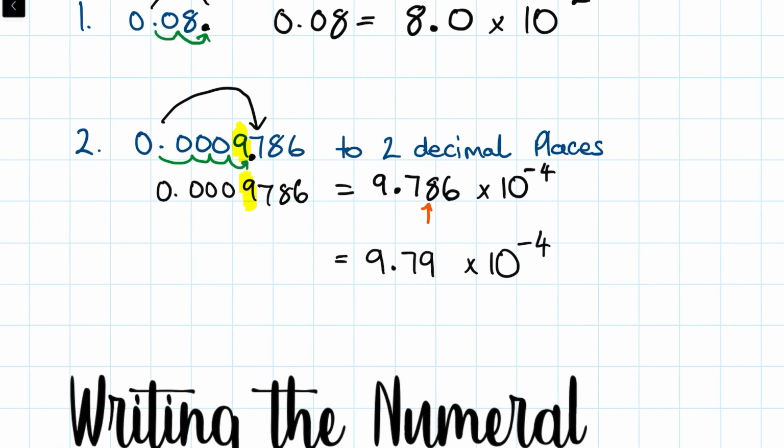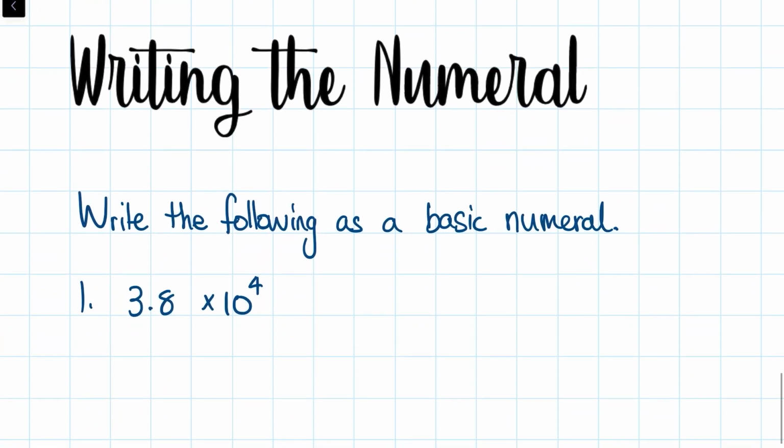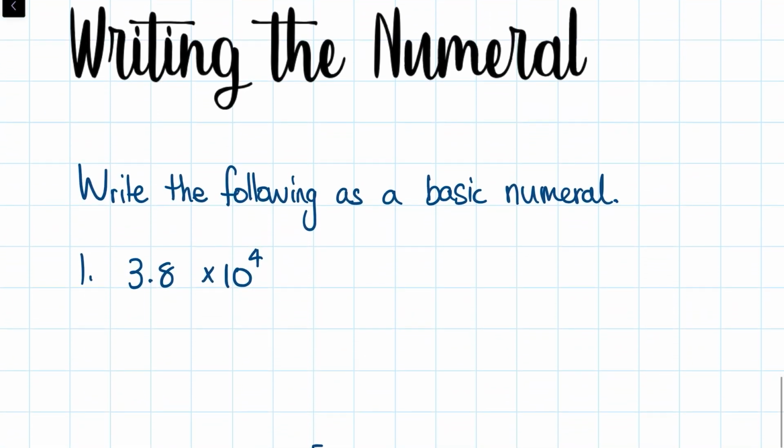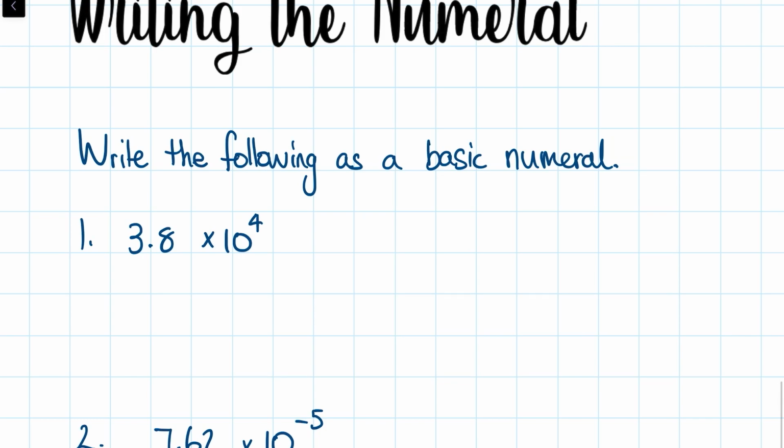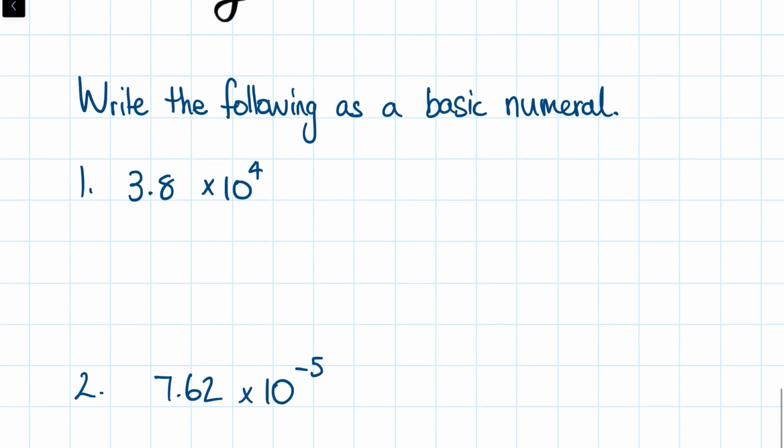All right, that's what you need to finish learning activity 2. And then quickly, learning activity 3. Write the following as a basic numeral. So 3.8 times 10 to the power of 4 is going to equal 3.8. See our power? That's how many zeros I'm going to write. 1, 2, 3, 4 zeros.